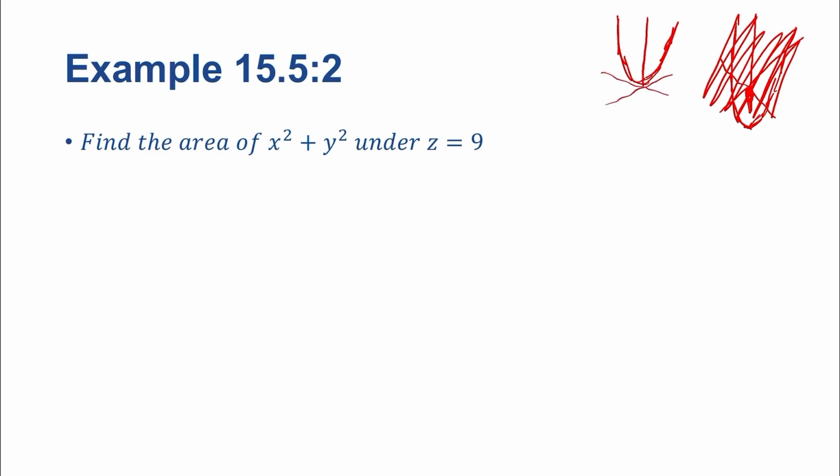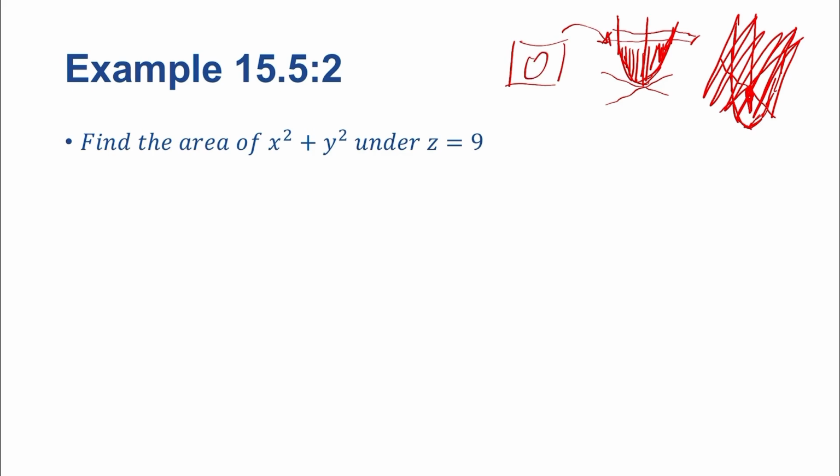And when I say z equals 9, what I'm doing is taking a surface and cross-cutting it, cross-cutting this surface. So I want to find this area under here. Now, if I take this and I map this to the xy plane, I'm going to get a circle. Our cross-section is going to be a circle.